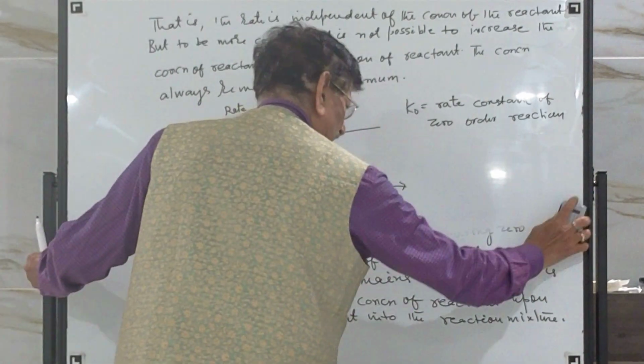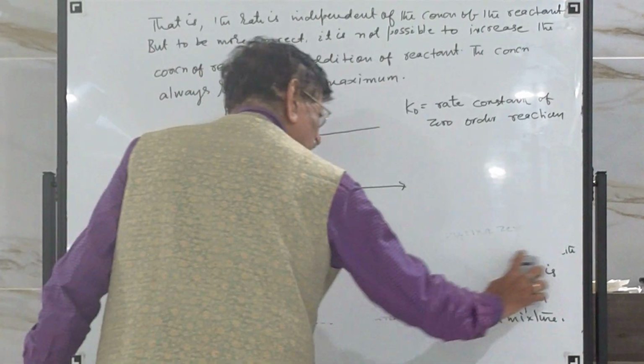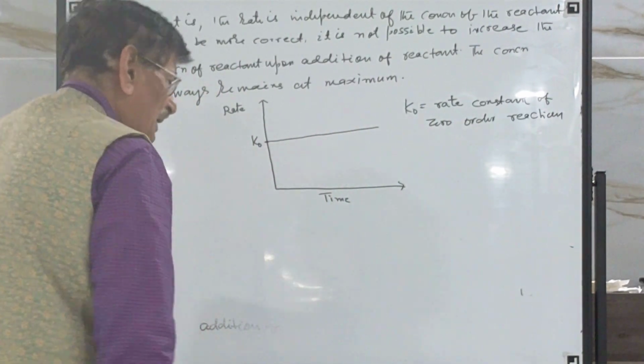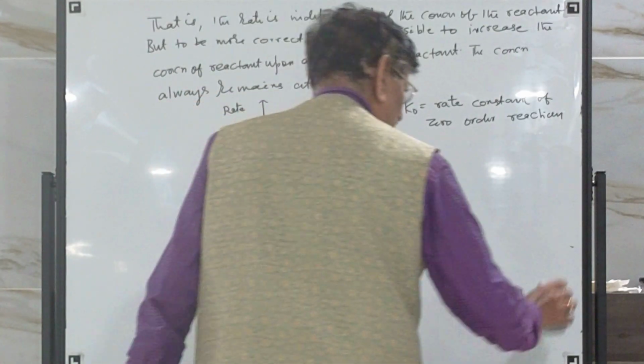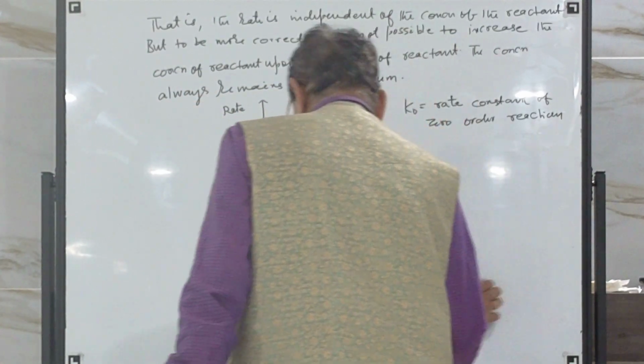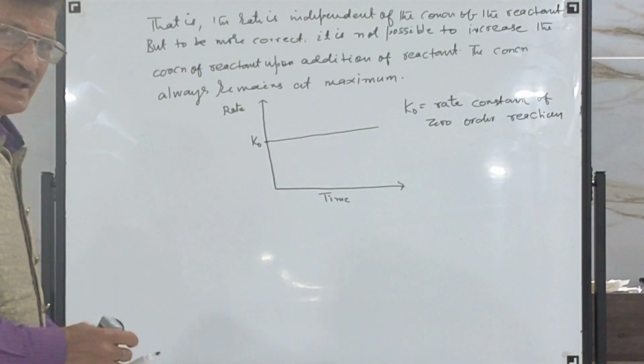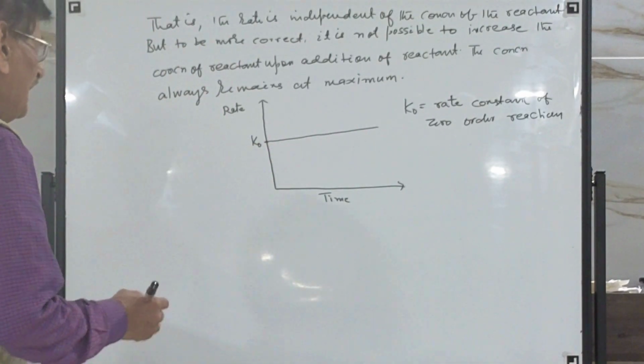Now we have to see why the concentration always remains at maximum, as the concentration does not increase upon addition of the reactant into the reaction mixture. This can be explained by taking an example.